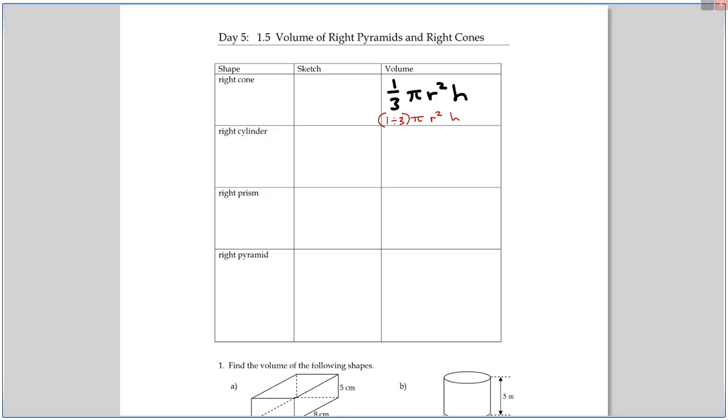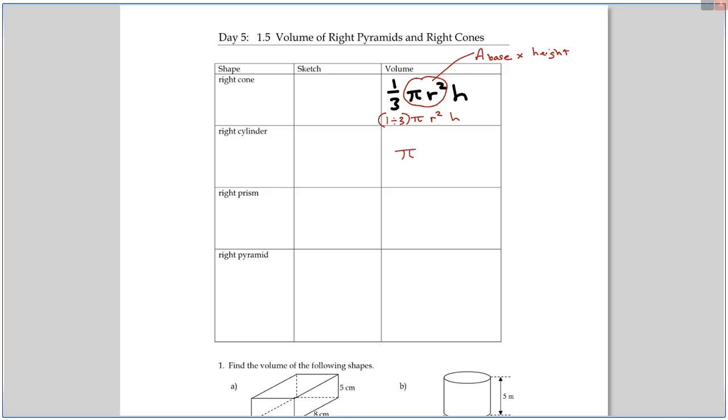So nothing crazy here. What I want to show you though is that this, what is pi r squared? It's the area of the base. And then you times it by the height. Okay? And this is a very common volume formula. Just the area of the base times the height. And the reason we divide it by 3 is because just like a cone and a pyramid, you could fit 3 into the cylinder.